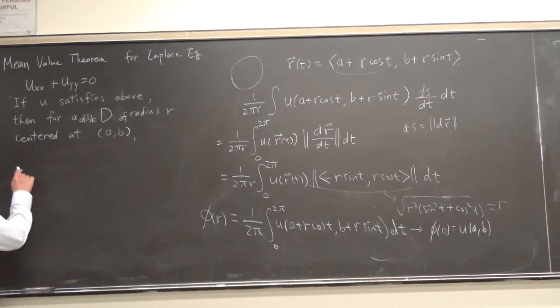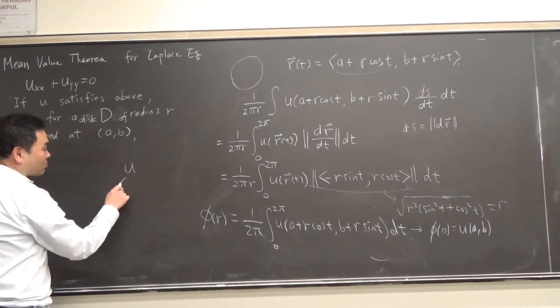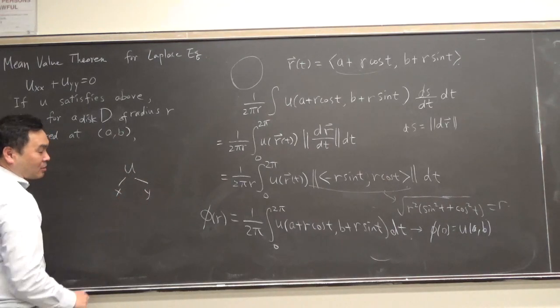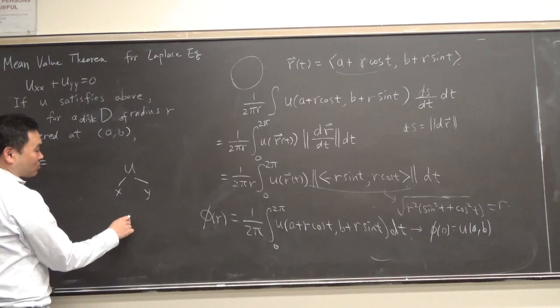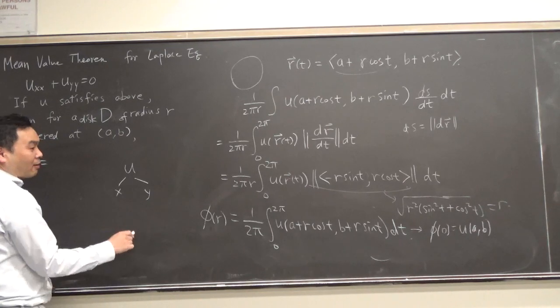Okay, so let's do that. Phi prime, we're differentiating with respect to r. Well, look, u is a function of x and y, but x and y are both functions of r and t.